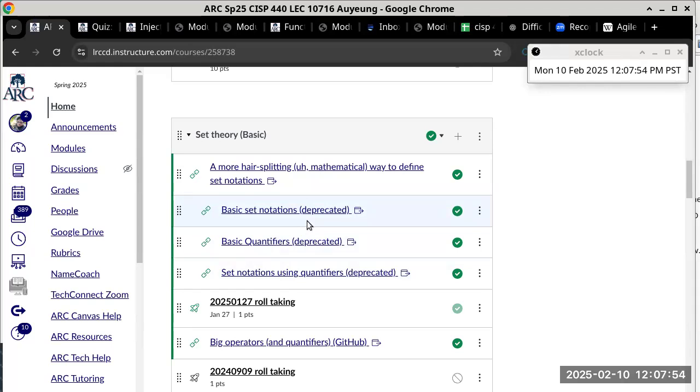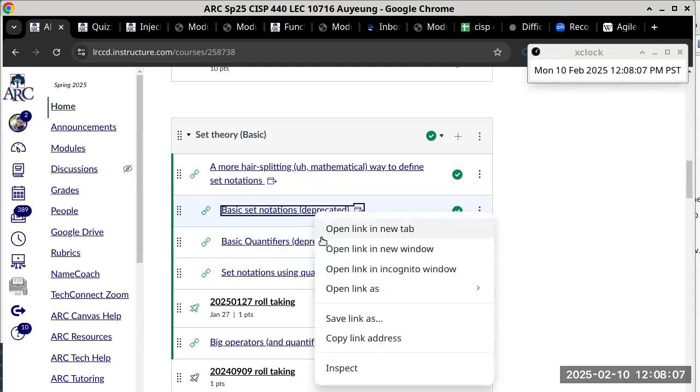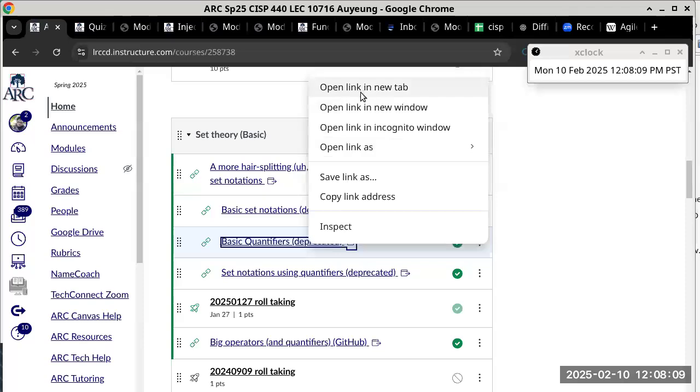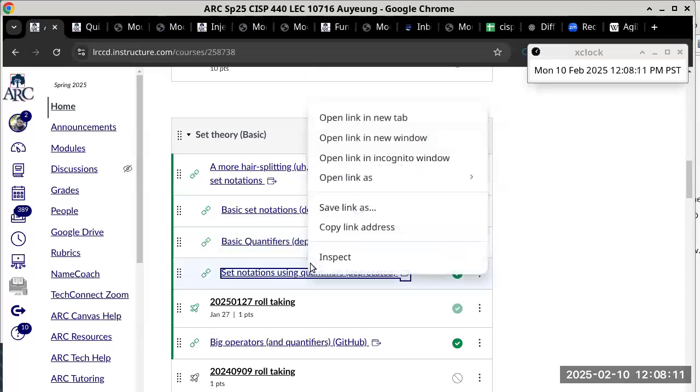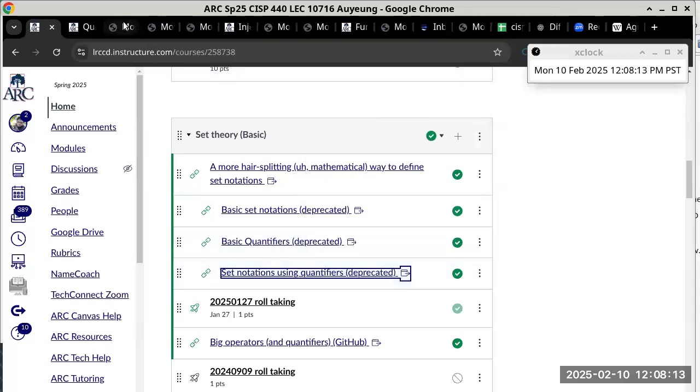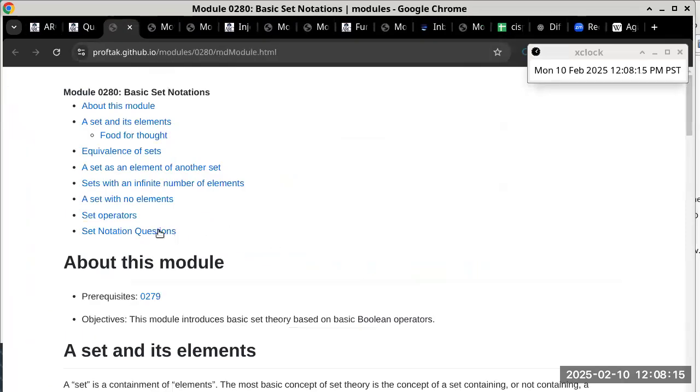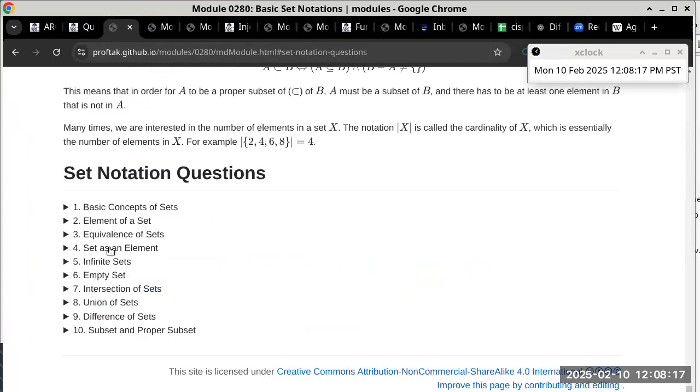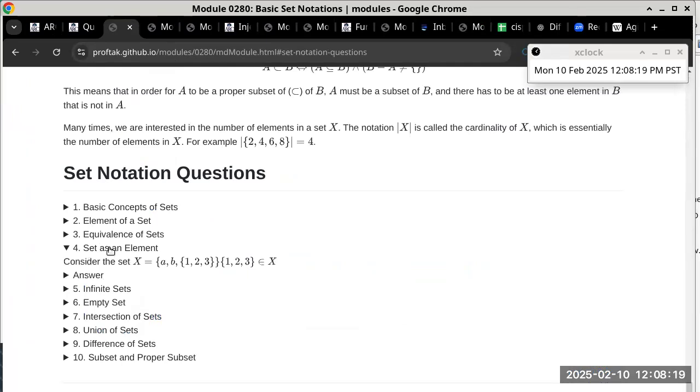But it is in the module. All right, so we'll take a look. Let's check out, not this one.